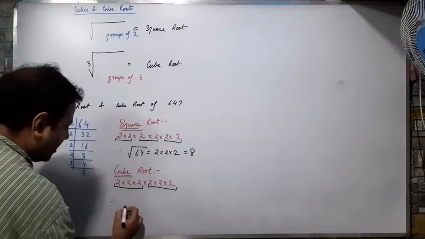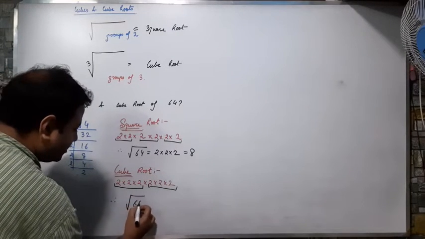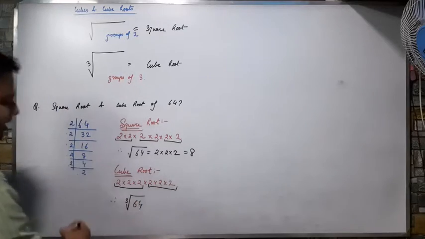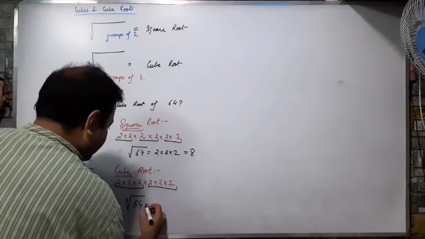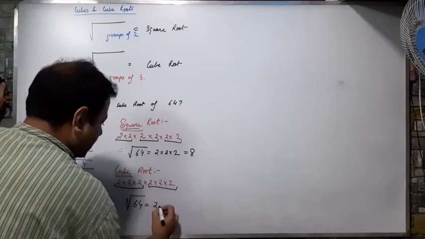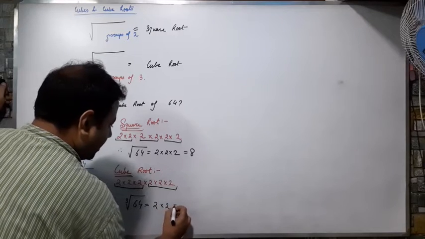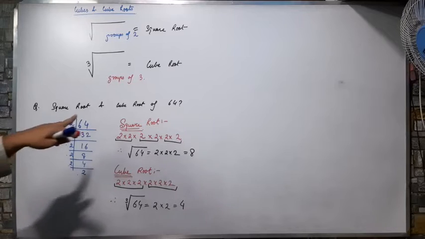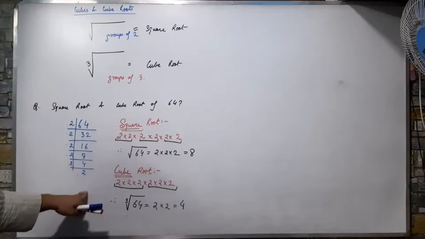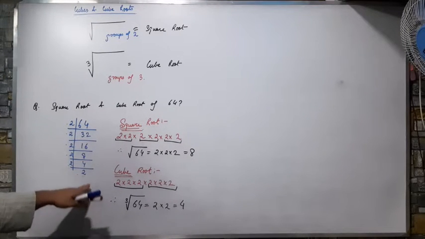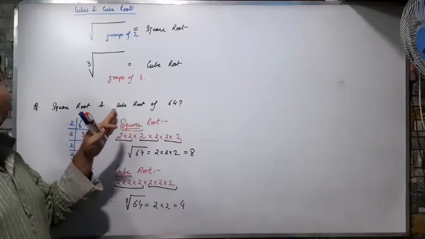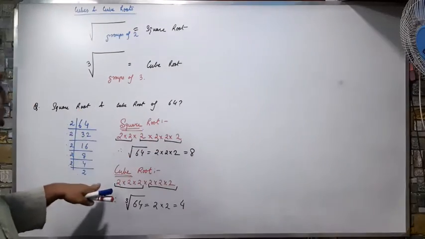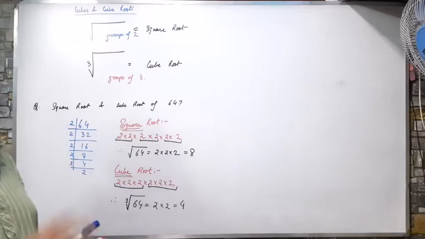Therefore, the cube root of 64 will be equal to 2 and 2, that is equal to 4. So this is the basic difference in how the square root and the cube root of a number is obtained. For finding the square root, I take groups of 2. For finding the cube root, I take groups of 3.